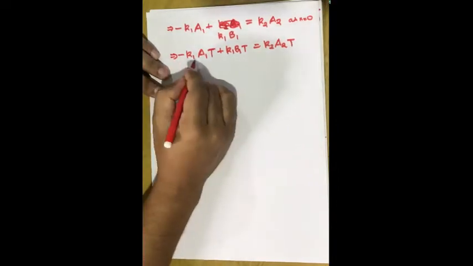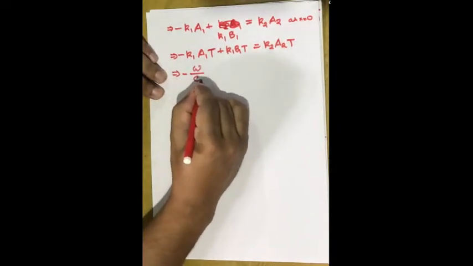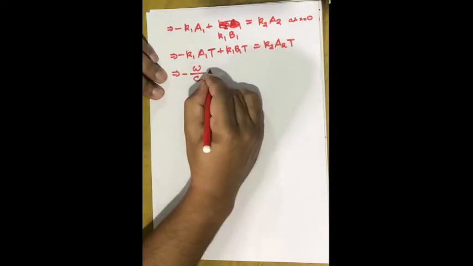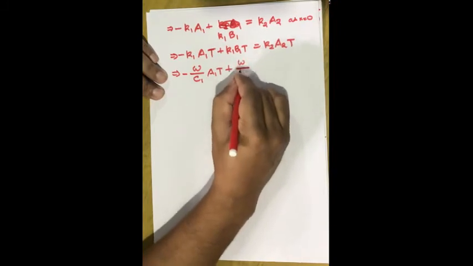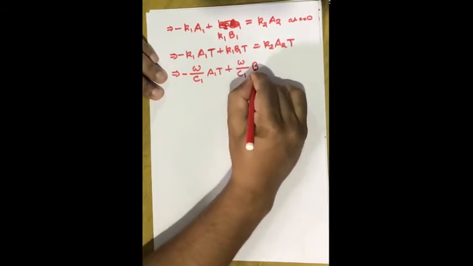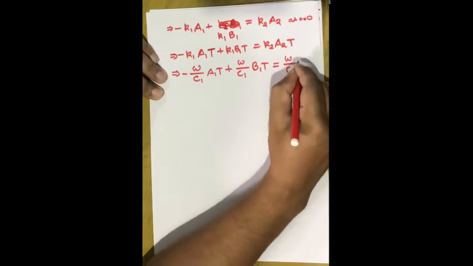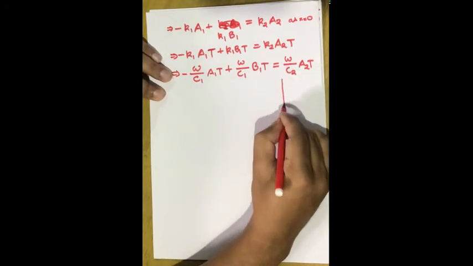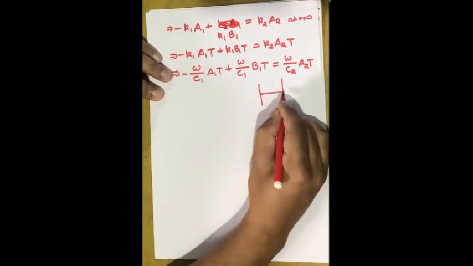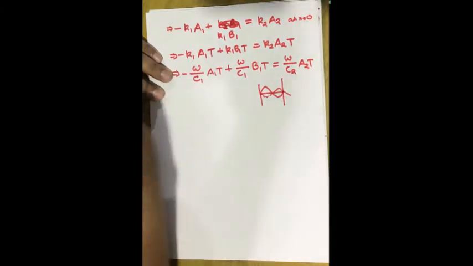Okay, but we know what the value of k1 is. k1 will basically be omega divided by c1. Okay, so omega divided by c1 a1 into T plus omega divided by c1 b1 into T, and k2 will be equal to omega divided by c2 a2 into T. Okay, because you see this was the incident part, and this was the reflection part, and this was the transmitted part, right?